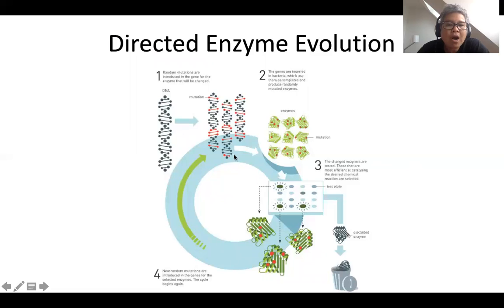Keep it through several rounds of selection, where the bad one is discarded and the good one is kept, and finally you get an enzyme that is improved. Maybe this looks very simple to you, but it happens to be very powerful, such that the person who discovered this got a Nobel Prize, which is Frances Arnold, a female scientist, as you see.